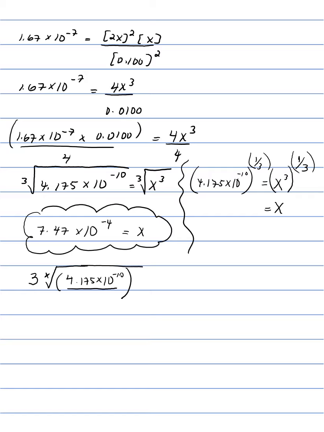With that value of x, we can calculate what the problem is asking us to find: the concentration at equilibrium for H2 and for S2. So the concentration of H2 was 2x, right?